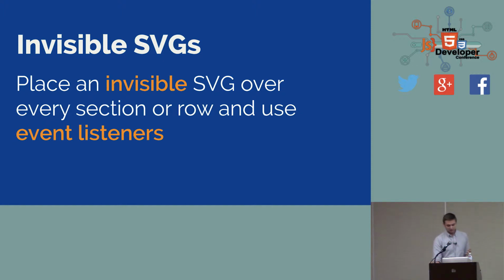But what if we drew every single SVG path at once, on every single section that's on the map, and then let the browser basically do the work for us? So when we hear an event, a mouse over or a mouse click on an SVG, we know to select that marker. They'd be basically invisible to the user, but we'd use them for events, which seems pretty reasonable.